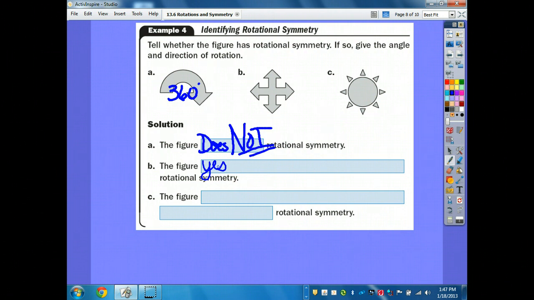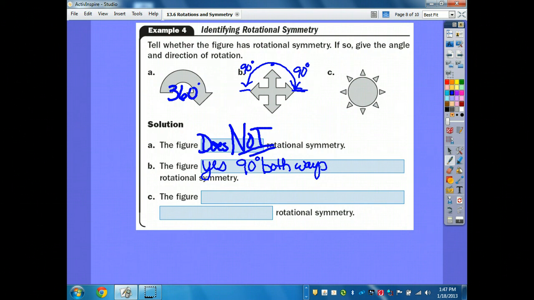90 degrees. So if we say this is our top, we could go here, right? And that would be 90 degrees clockwise. And we could also go 90 degrees counterclockwise, can't we? So I'm going to say 90 degrees both ways.